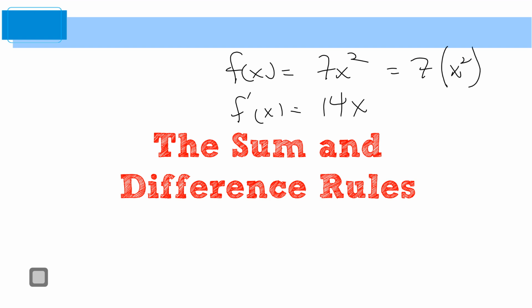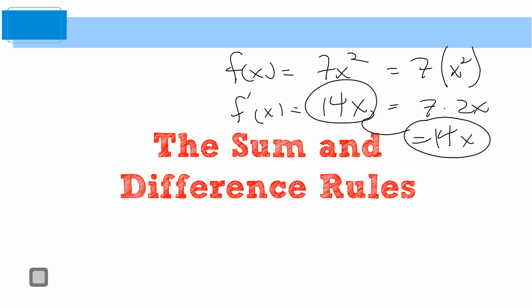Take the derivative of x squared, which is 2x. And they would get 7 times 2x, which is 14x. Oh, look, same. I don't care which one you want to do. I would suggest that we're going to do the first one more because it's a lot quicker. But that's what the constant rule says.